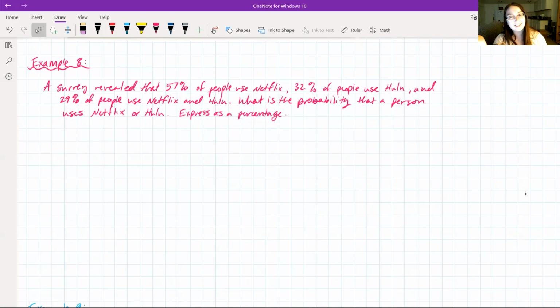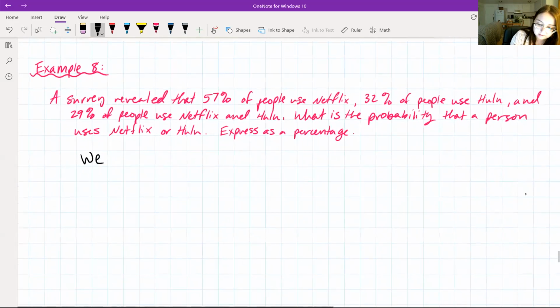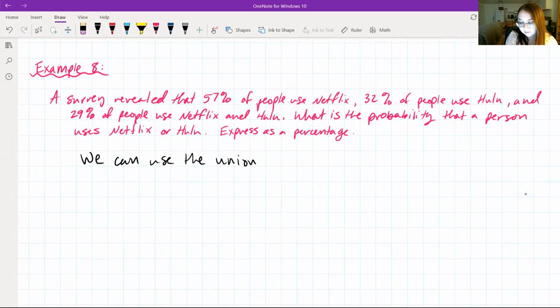So if we're thinking about this, we think, okay, we want to use the union rule for probability. I'm going to zoom in a little bit here.